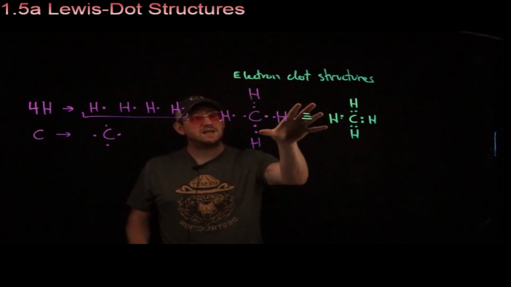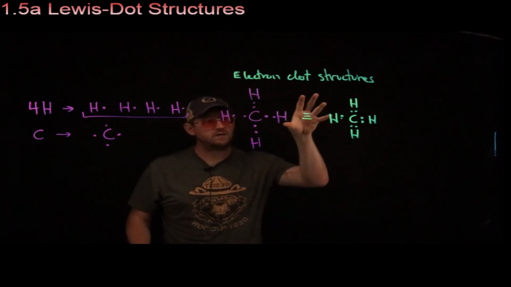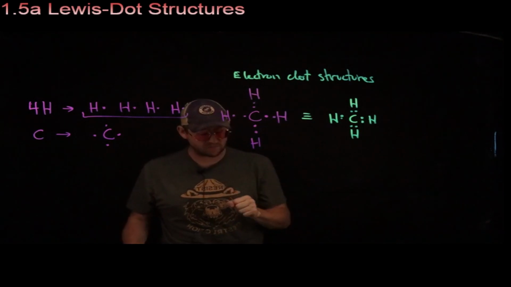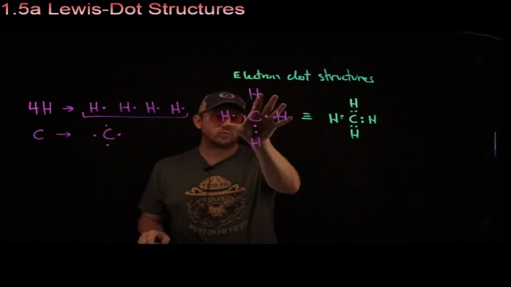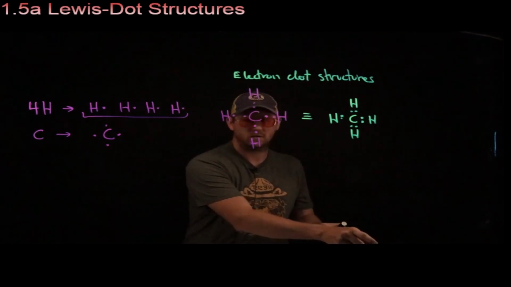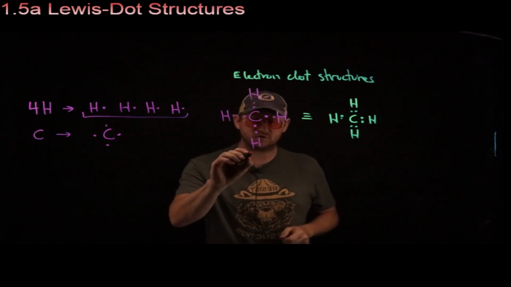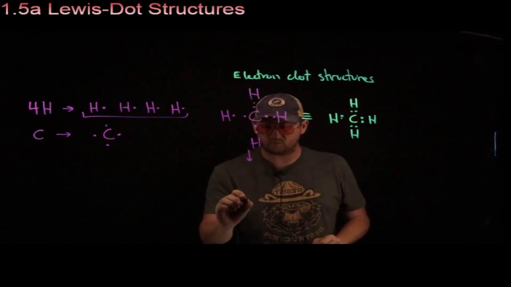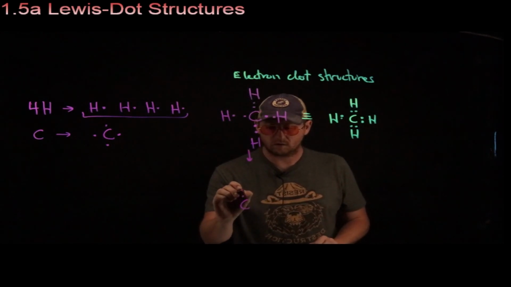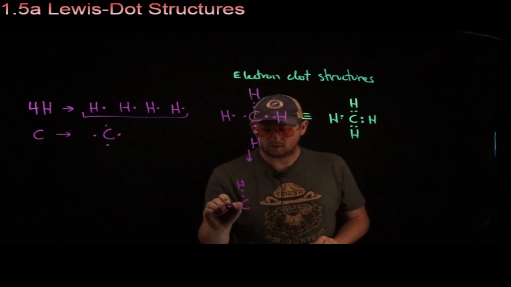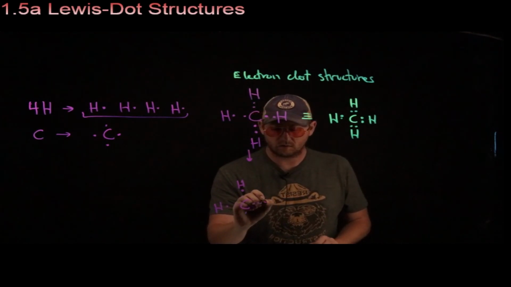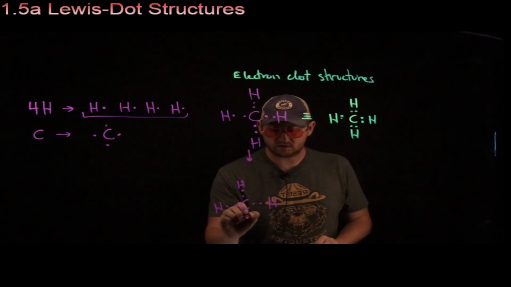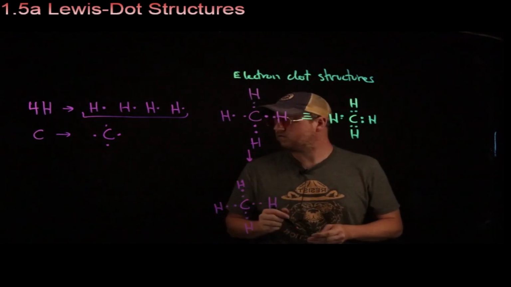Now, we can take this form and we can make one adjustment to it. So I'm going to redraw this one here. I'm going to draw it a little smaller so I have more space. We've got our 4 hydrogens. We've got our carbon with our 4 valence electrons.